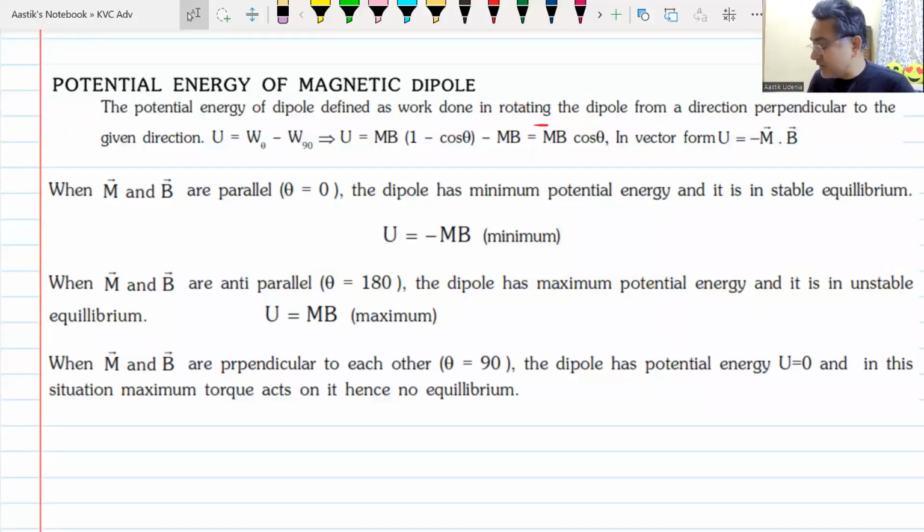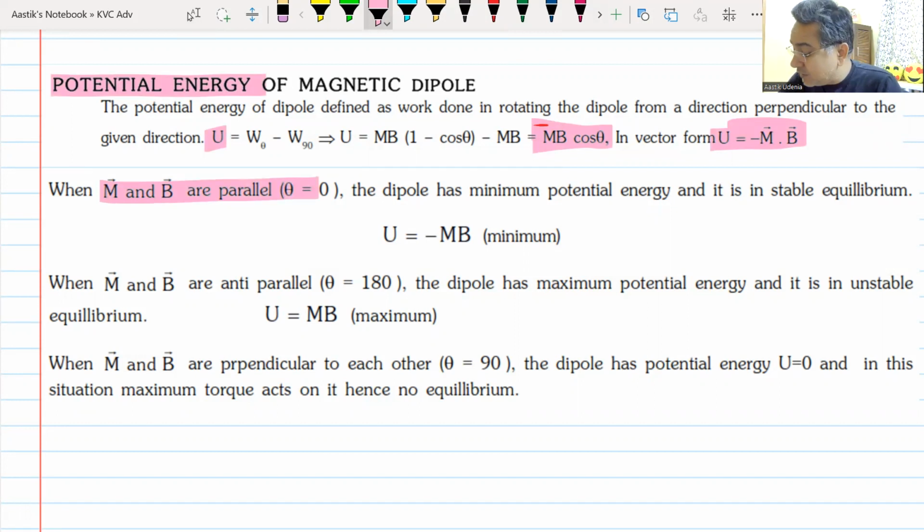Then let's move on to the next heading, the potential energy of a dipole in a magnetic field. The only formula you have to remember about potential energy is minus MB cos theta, or in vector form minus M dot B. If M and B are parallel, the potential energy is minimum, and that is the condition of stable equilibrium.